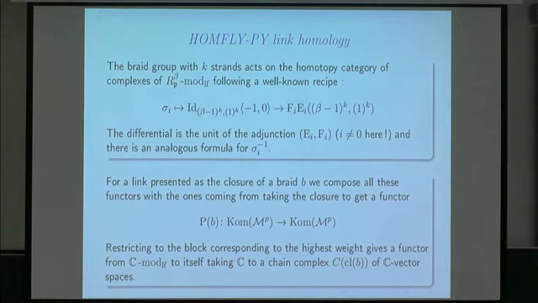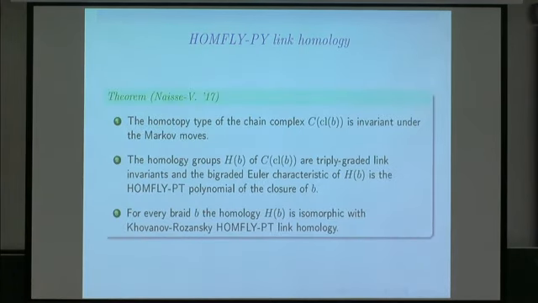So now you have a way to produce a chain complex, and one can prove directly that the homotopy type of this chain complex is invariant under the Markov moves. So it's a link invariant. Moreover, the graded Euler characteristic is the HOMFLY polynomial of the closure of the braid.